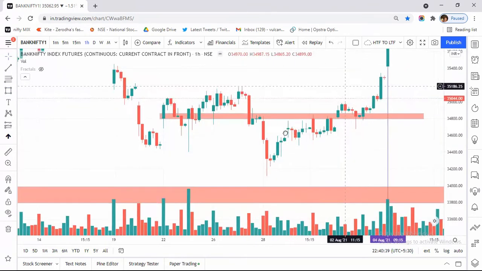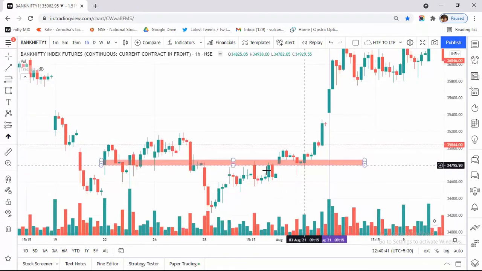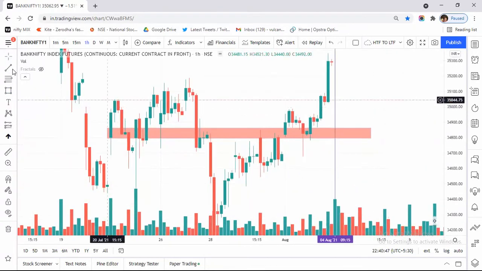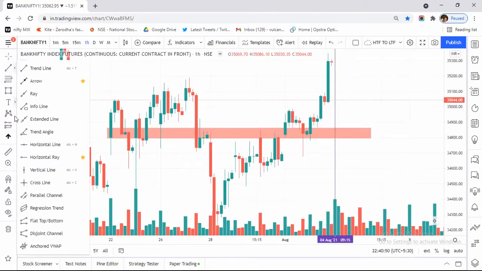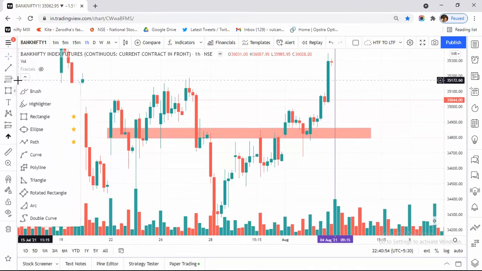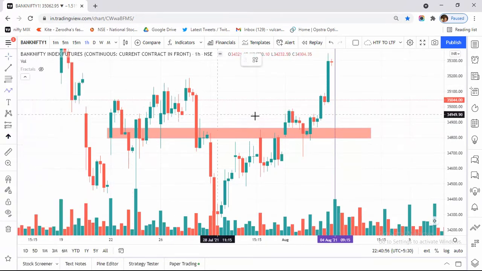Now can you see what happened after this? When market goes above my supply, first of all, you will say that when market comes above and again comes back, so can I buy here?